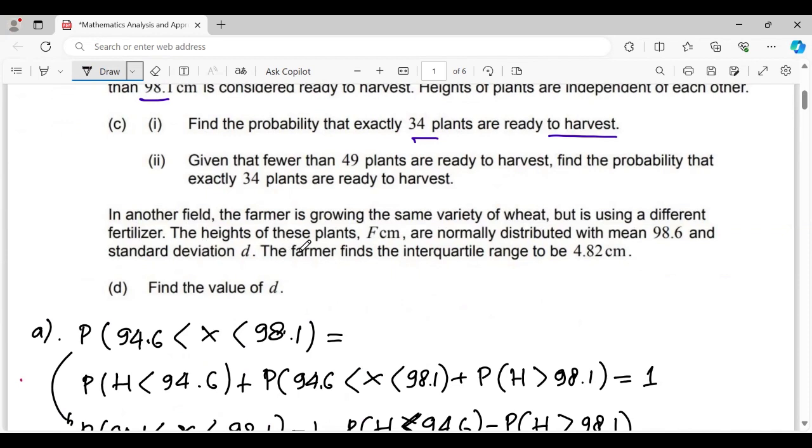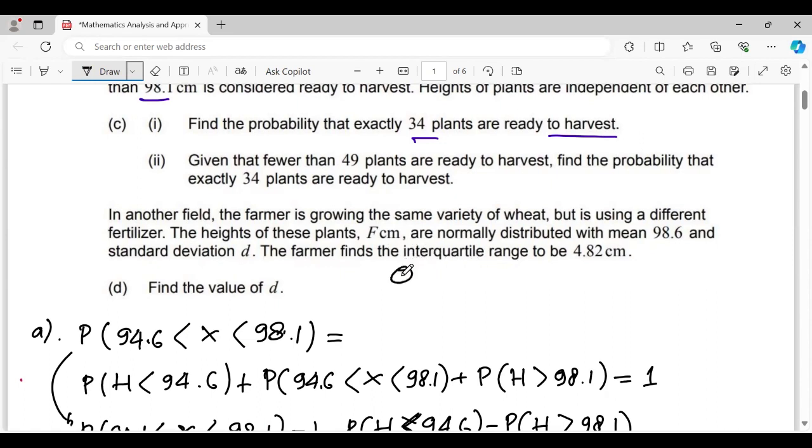The heights of these plants, F centimeters, are normally distributed with mean 98.6 and standard deviation D. The standard deviation symbol is D. The farmer finds the interquartile range to be 4.82 centimeters.